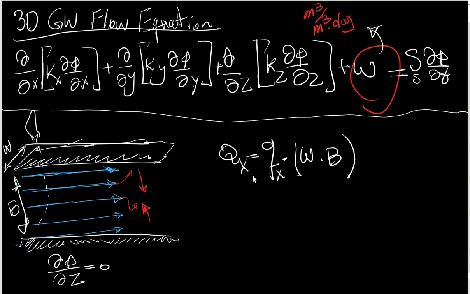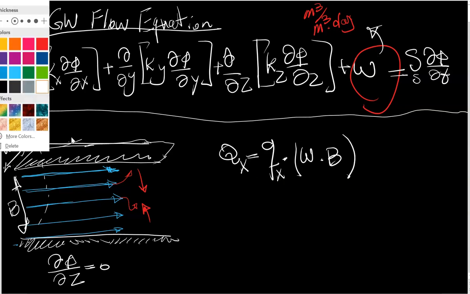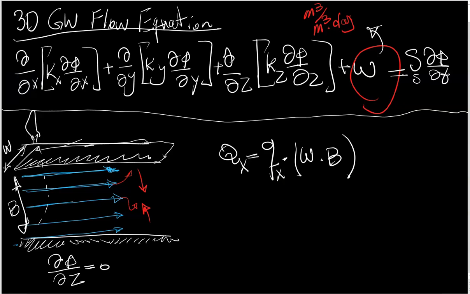Okay, but if you look at the textbook, you will see that if I assume that there is no vertical or z direction flow rate, I can define another term, which the textbooks usually call Q star, as Qx times B. And what is this?